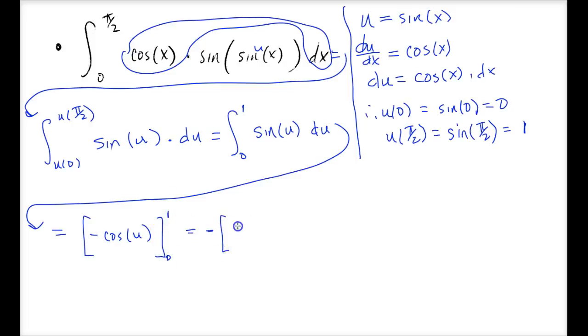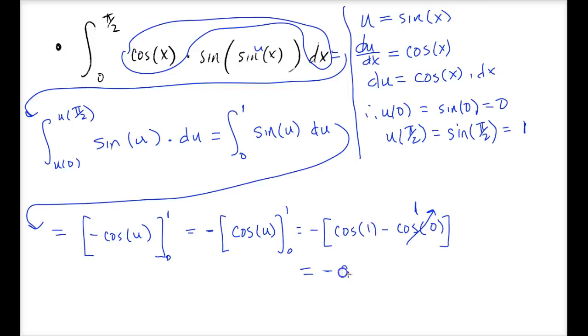We'll go ahead and factor out the negative there. And now we just have cosine of 1 minus cosine of 0. Of course, cosine of 0 is just 1. And cosine of 1 is a value we won't be able to find an exact value for, so we'll just leave it as cosine of 1.